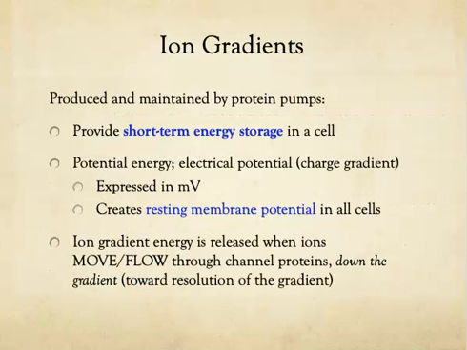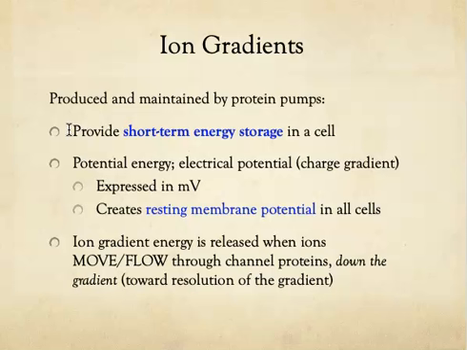Ion gradients are a source of energy. They have potential energy associated with them, and they are used by living cells as a short-term energy storage system. This is short-term energy storage. The cell is going to try to resolve ion gradients as quickly as possible.